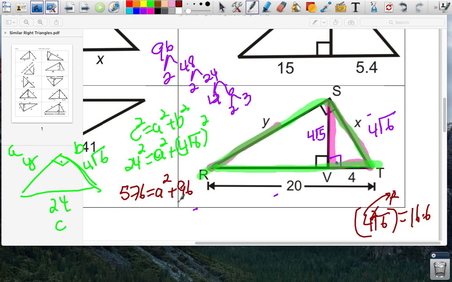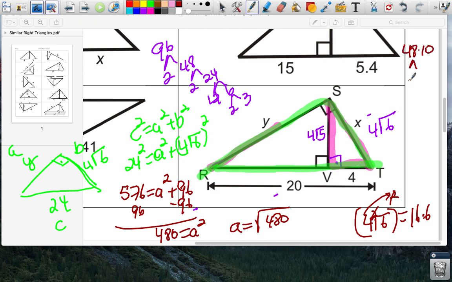Then we're going to subtract 96 from both sides, and that's going to give me 480. All right, 576 minus 96 equals 480. a squared equals 480, take the square root of that, so a equals the square root of 480, which let's leave in radical form. So 480, I can change to 48 times 10. 48 is 8 times 6, and 10 is 2 and 5.